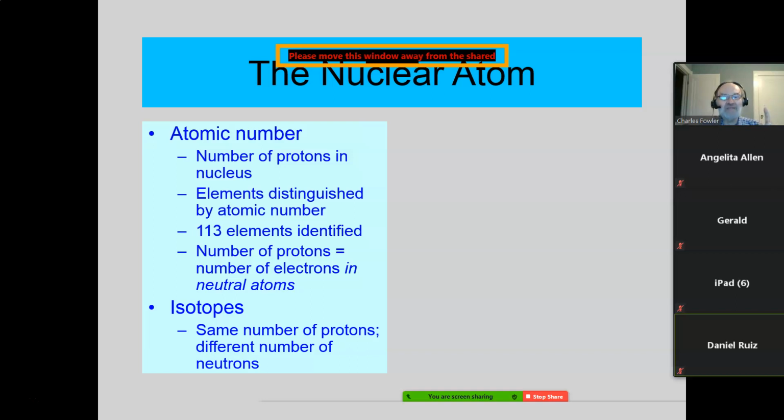Now, you can have things that are not neutral, as in positively charged or negatively charged. What makes it positively charged? Do you add more protons? Never! Never! You don't mess with the nucleus. The only way you get a positively charged, and what you call those are ions, is lose electrons.